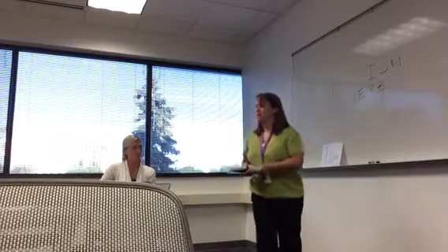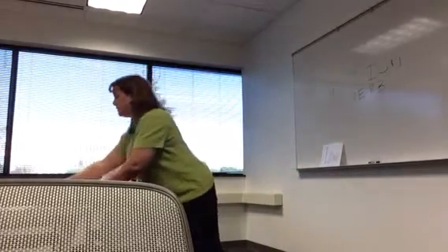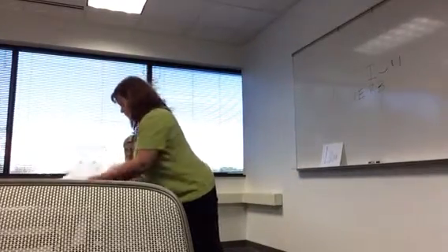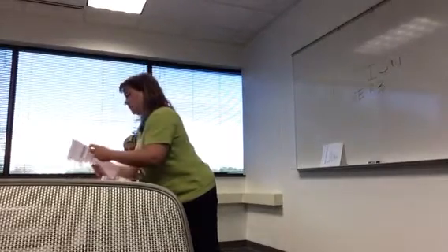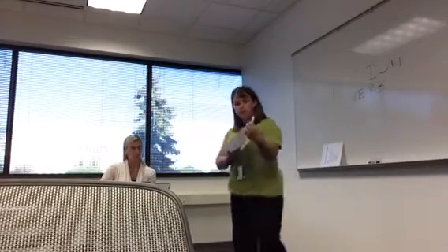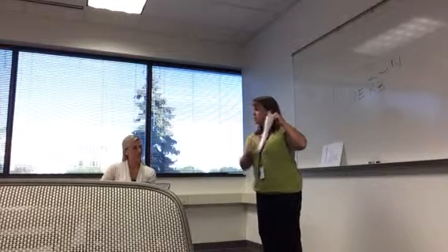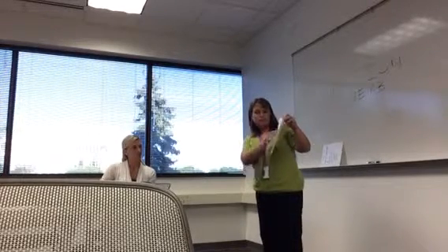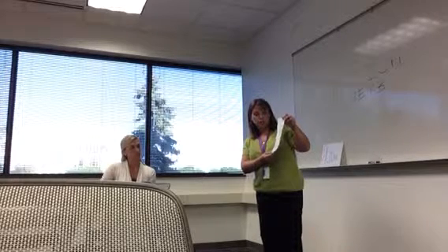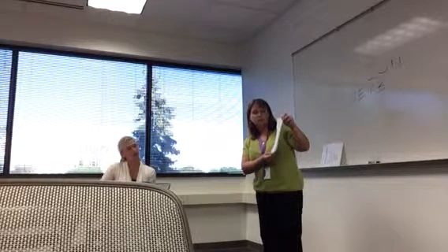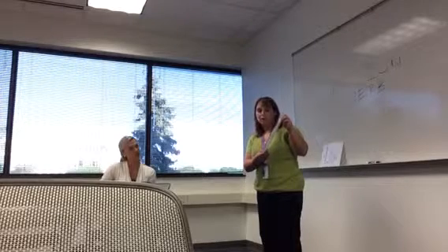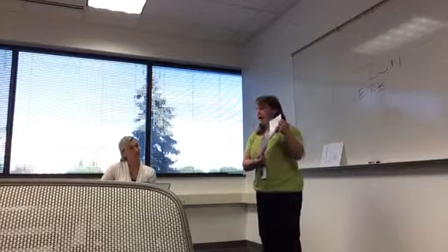Okay, so we're going to talk about another verb. This is called a linking verb. Let's read that definition together, shall we? The linking verb. These are words that link the subject to another word that describes the subject. There are 9 linking verbs.